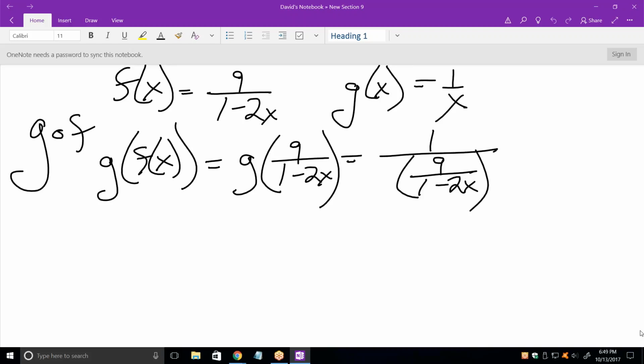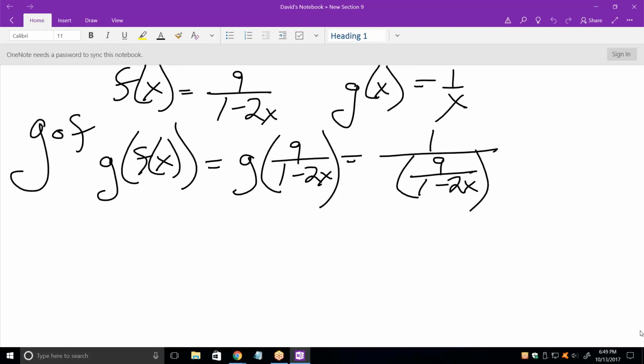Now, how do I simplify that? No, you flip the denominator and multiply. In other words, you simplify it by doing how you divide by fractions.